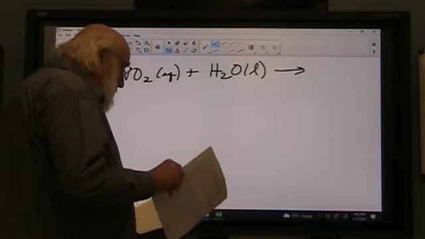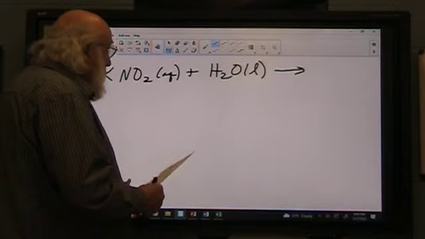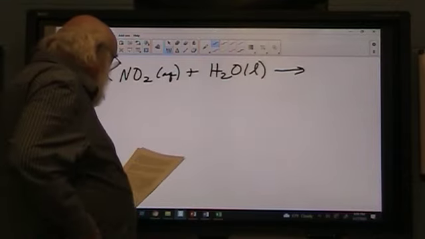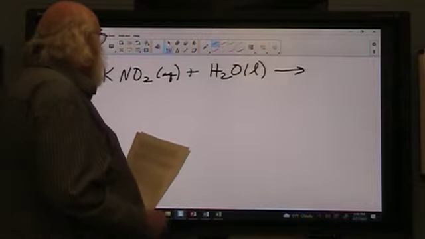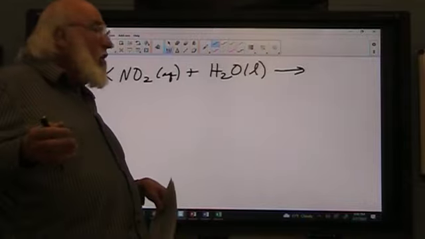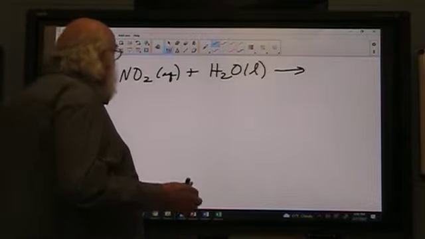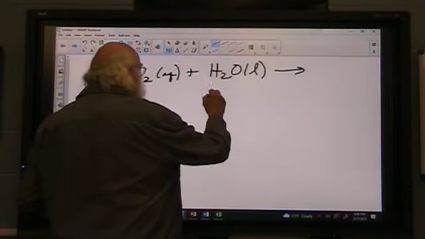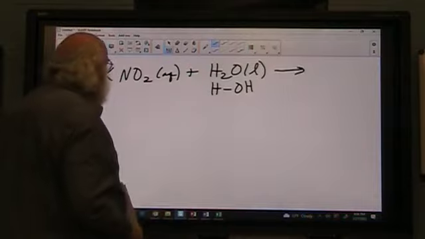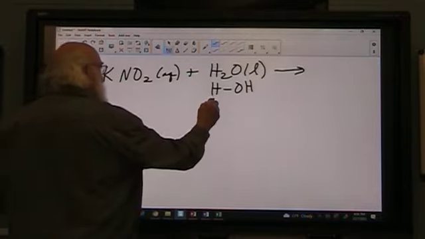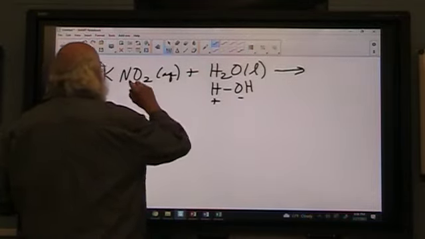So, if we were to take a look at another example of this, which is potassium nitrite and water. Now water is a binary compound, it has two parts that we just talked about, hydrogen hydroxide. Alright, so hydrogen is the positive and hydroxide is the negative.